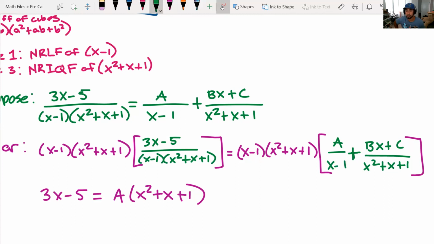Write everything down perfectly, right? A over x minus 1, then that cancels, and then you have, don't forget to put these in parentheses.